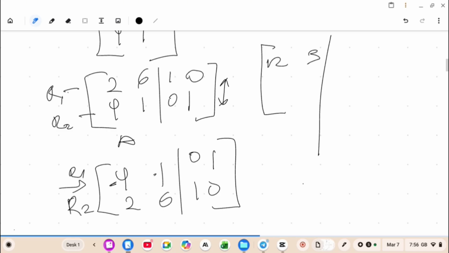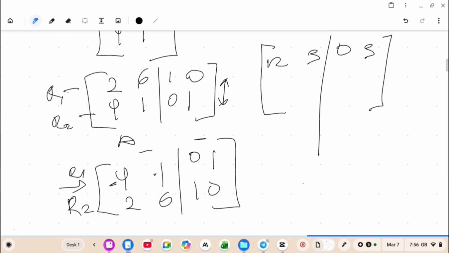And whatever happens to this side must happen to this side too. So 3 multiplied by 0 is 0, 3 multiplied by 1 is 3. So we just multiplied row 1 by a number, that's 3. Then you maintain row 2, which is 2, 6, 1, 0.